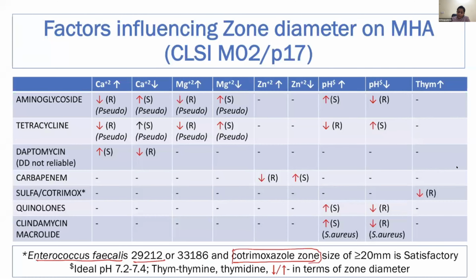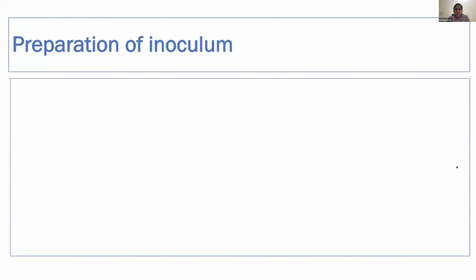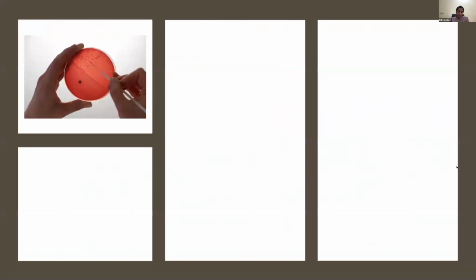Okay. Next, coming to preparation of inoculum. As sir has already given an introduction, there are various small steps which become so crucial, which if not done properly will affect the results. I'm just showing an overview now, then individually we will discuss the important aspects.